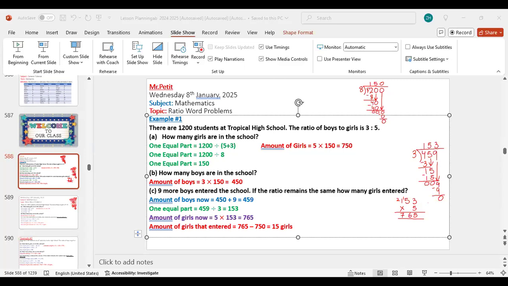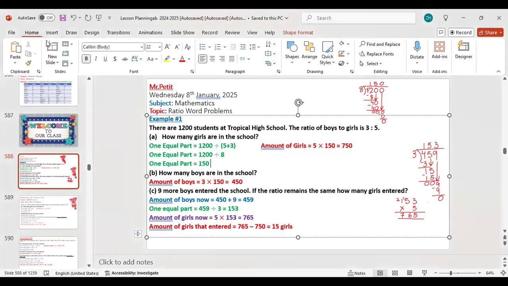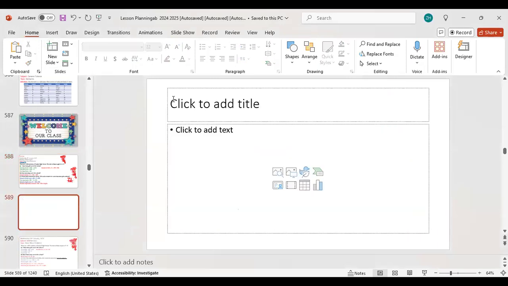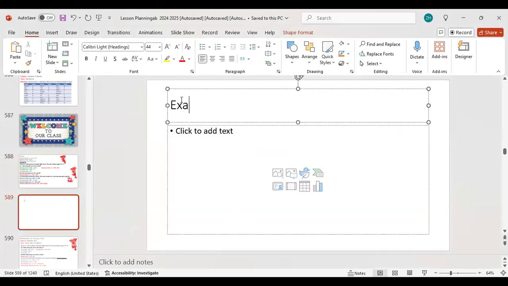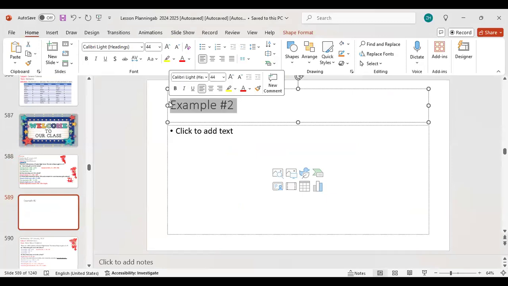Off to the next question we go. So the first two questions are always very easy. So hopefully at least you can get the first two questions right. So example number 2.